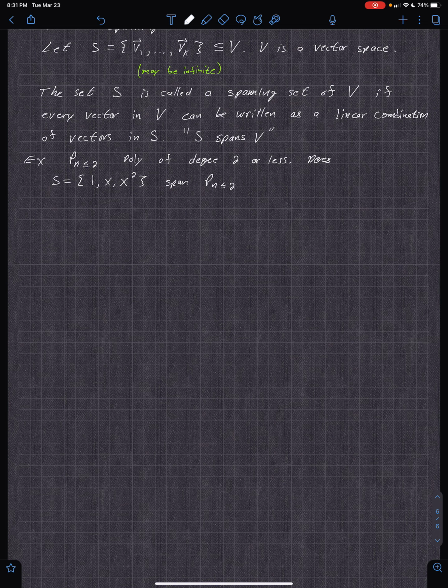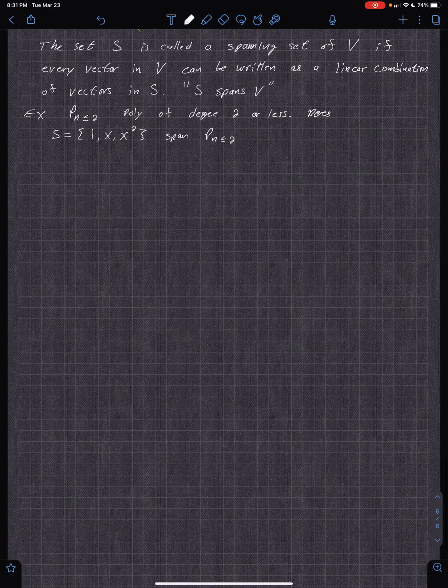You can see that. Every polynomial in P2 is defined to be like this: ax squared plus bx plus c, where a, b, and c are any real numbers.